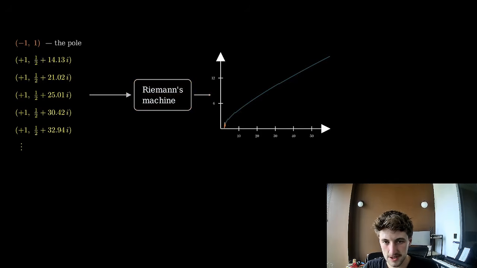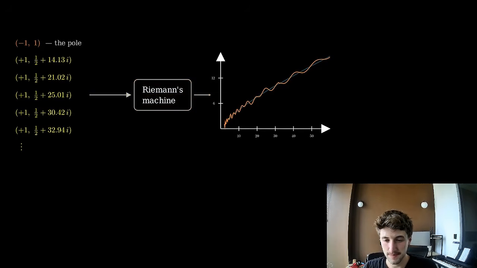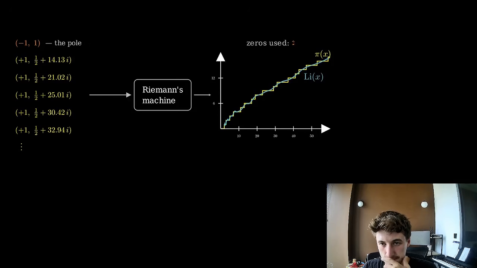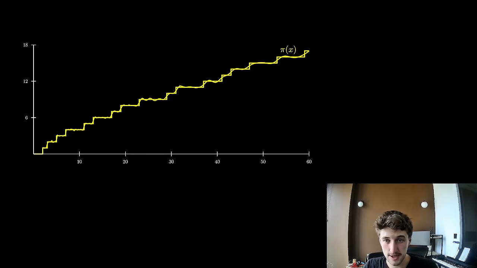So you can see all these zeros transform into different waves. And the interesting thing he found is that if you add up all of these waves, they account for the errors between the Li and the pi function. So if you add up more and more and more waves, it ends up approaching it exactly. So that's interesting there. So what he's saying there is, if we found all the zeros and plugged them into this function, we would be able to plot the pi(x) function.